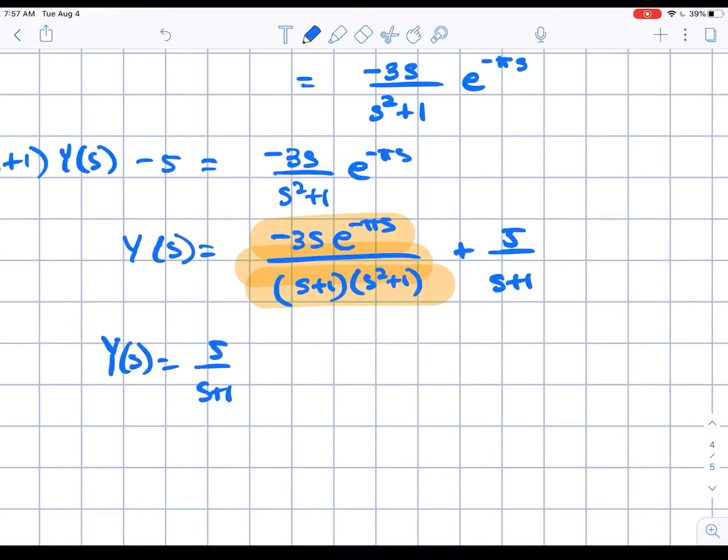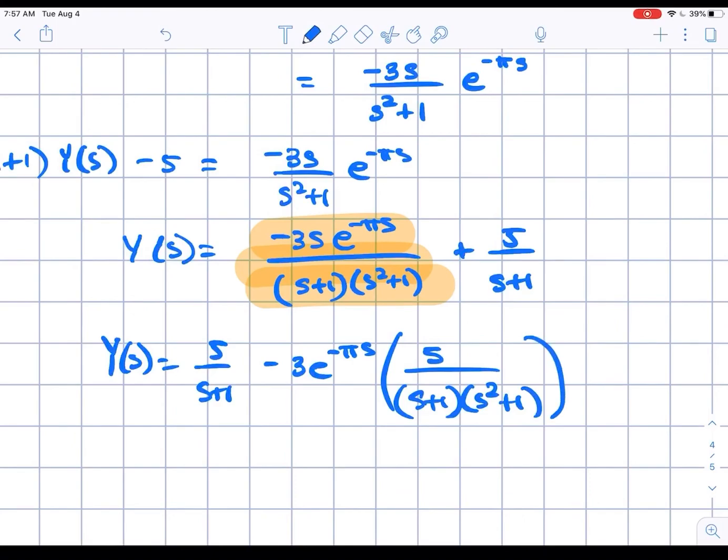Now, one thing that might be easiest for you guys is maybe just to kick out minus 3e to the negative pi s, and then do your partial with the s over s plus 1 s squared plus 1. That might be a little bit easier. This is an s, not a 5.